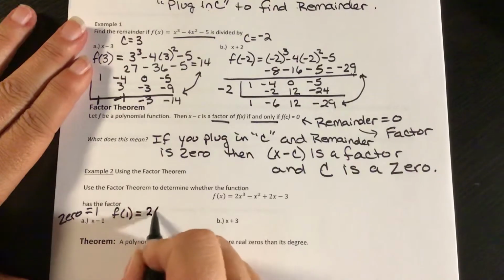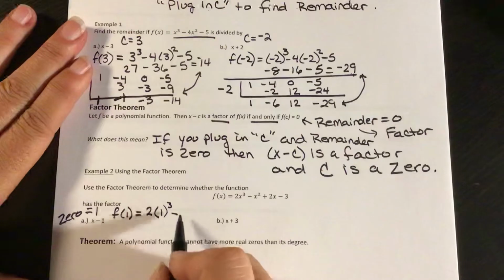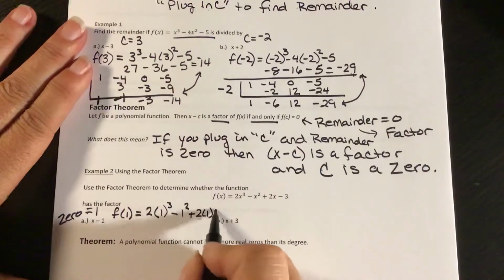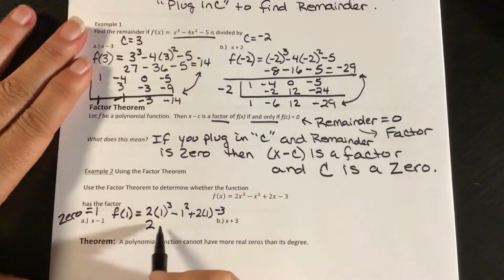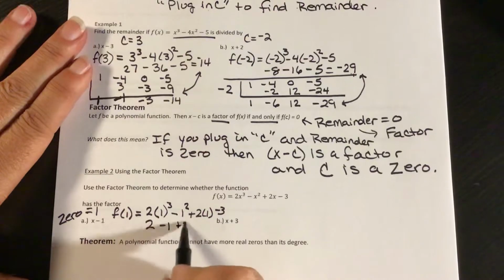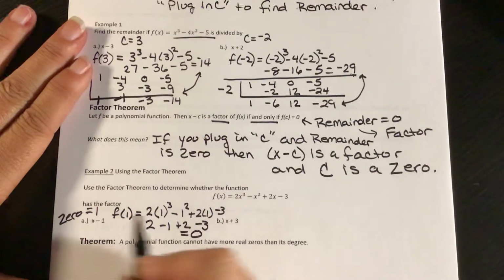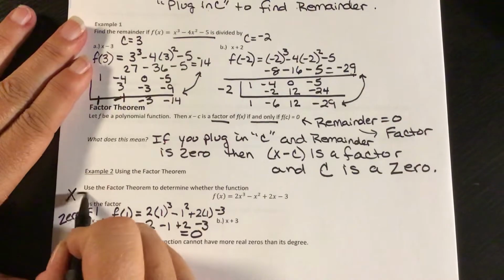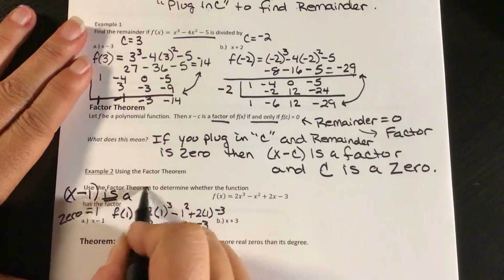So if I do 2 times 1 to the third minus 1 squared plus 2 times 1 minus 3, this would be 2 minus 1 plus 2 minus 3. And here I get 0. So I can say that x minus 1 is a factor.